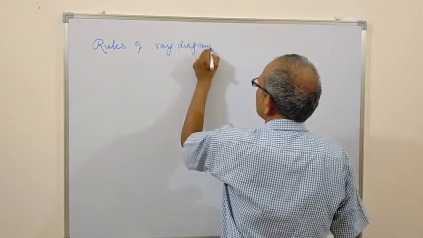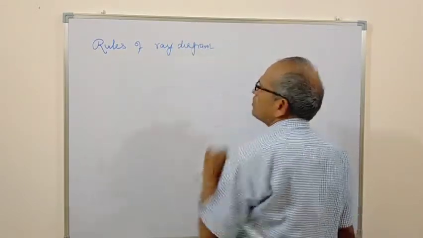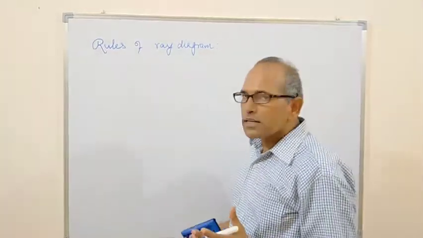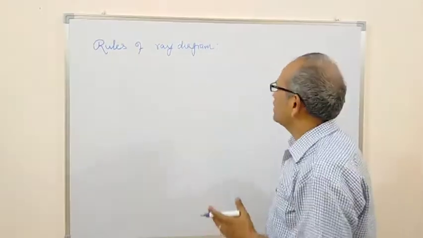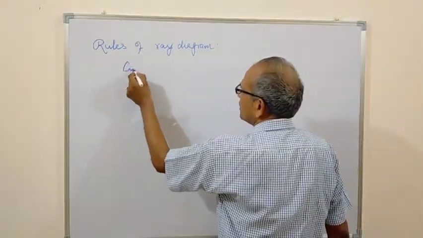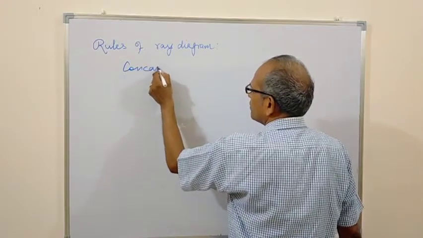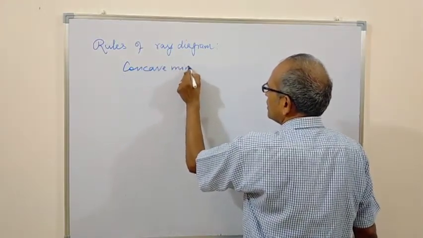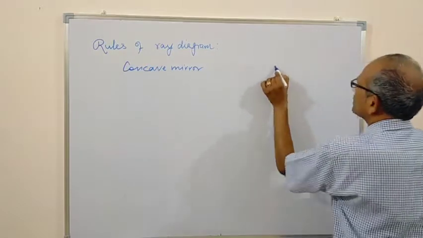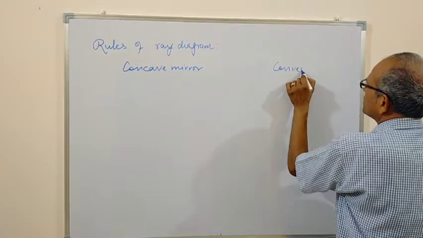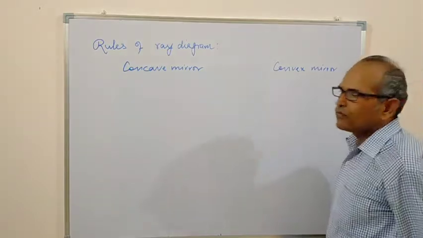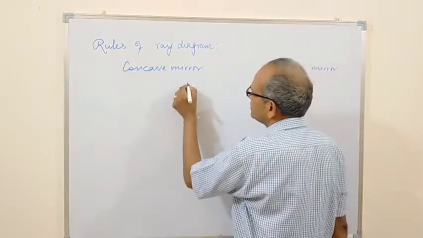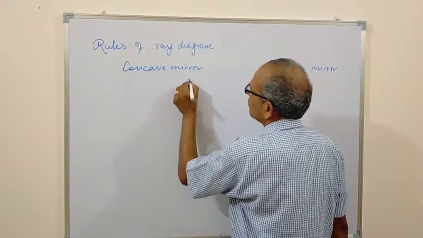As we have two types of spherical mirrors, convex and concave mirror, here I write first concave mirror, and here I write convex mirror, and write the rules one by one. So first I'll take one concave mirror over here.